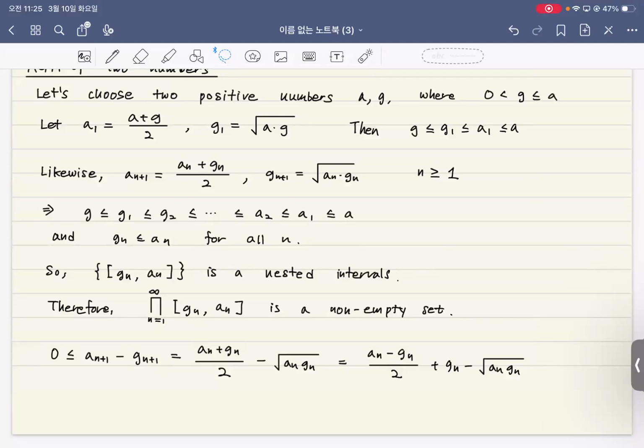Why am I doing this? Because this is G(n+1), and comparing Gn and G(n+1), G(n+1) is slightly bigger than Gn. So this whole highlighted part should always be less than or equal to 0.